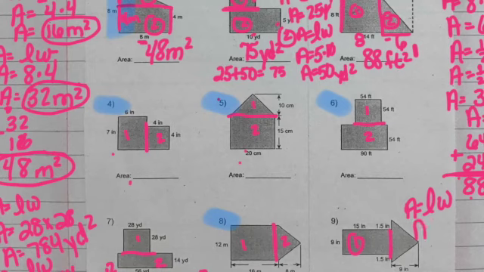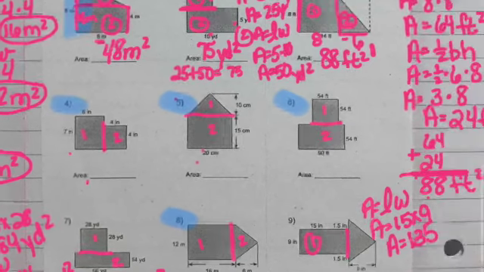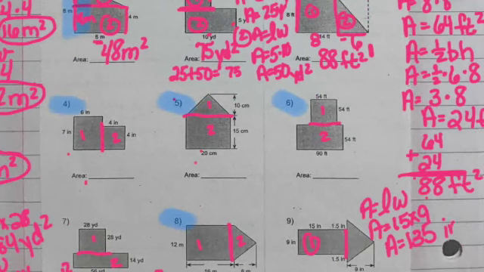We can see that A equals 15 times 9, and 15 times 9 is 135. So we have 135 inches squared.